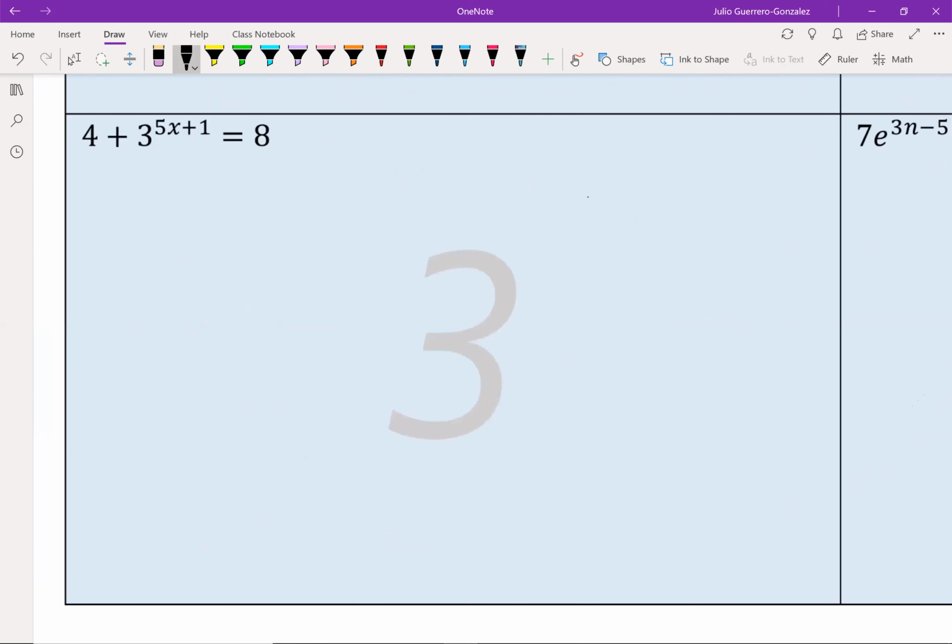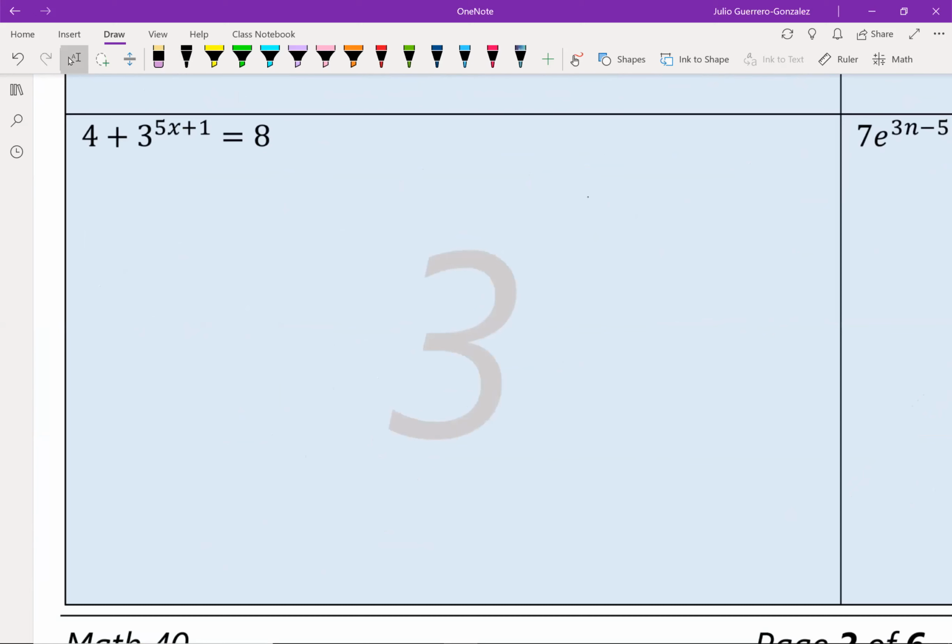Group 3. I did it, but I'm group 4. Okay. So we subtracted 4 first on both sides. And then we did the log form, which was log base 3 of 4 equals 5x plus 1. Sorry, my dog is playing with his toy.